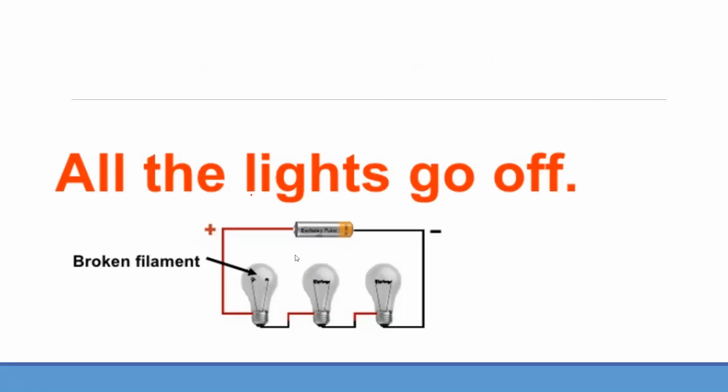If we have a broken lamp, or if I break the first lamp here, all the lights will go off on the series circuit, even though they don't have any broken filament.